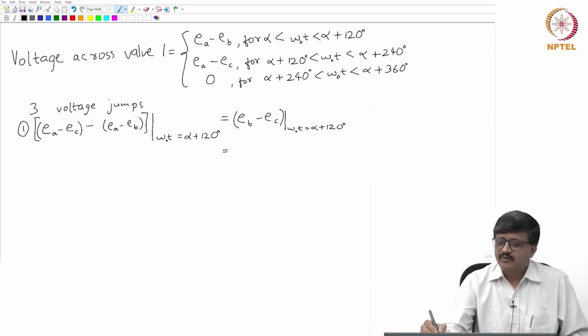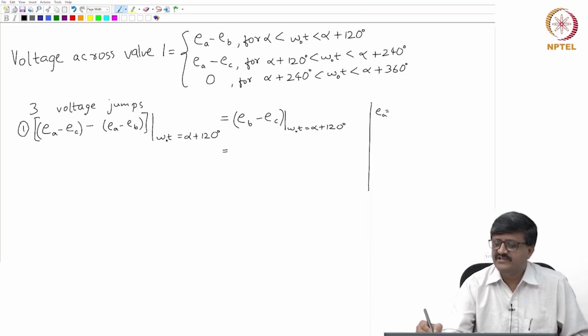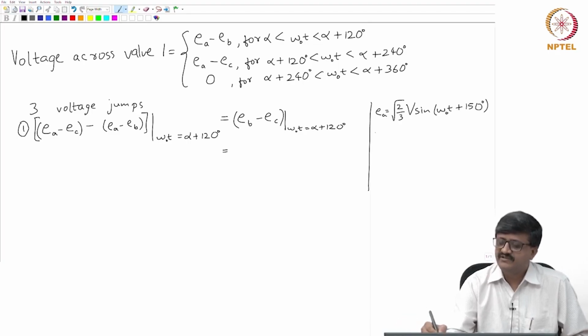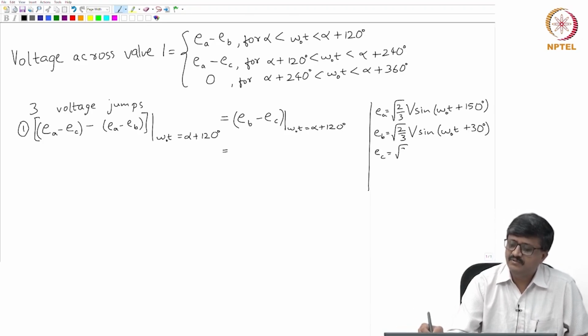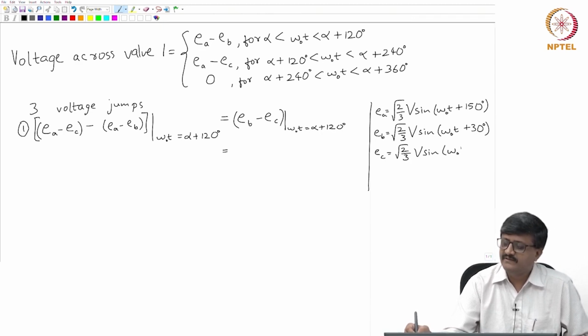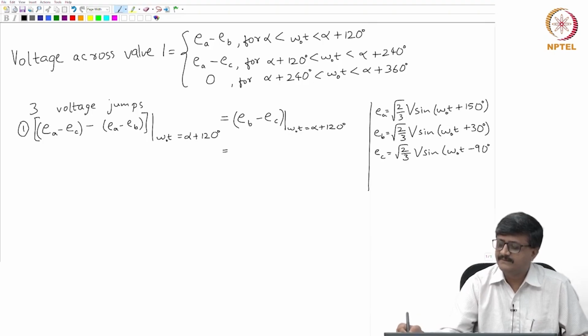One can note that the expressions are like this. Let me write the expressions. EA is root 2 by 3 V sine omega OT plus 150 degrees. EB is root 2 by 3 V sine omega OT plus 30 degrees, and EC is root 2 by 3 V sine omega OT minus 90 degrees.